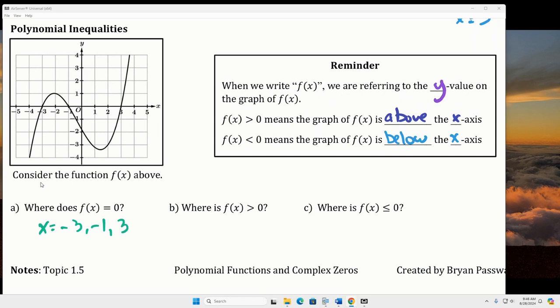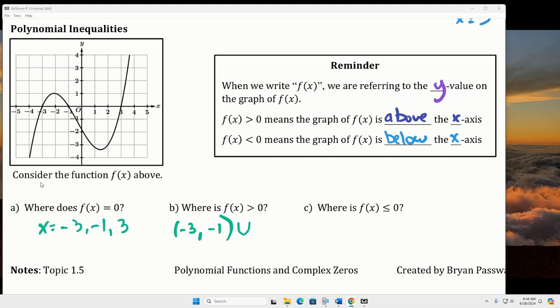Anyway, where is the first x where it's greater than 0? -3. Not including, yeah, I see what you mean. And where does it stop being greater than 0? -1. So we're going to do parentheses so we don't include those numbers, because it doesn't have an or equal to.